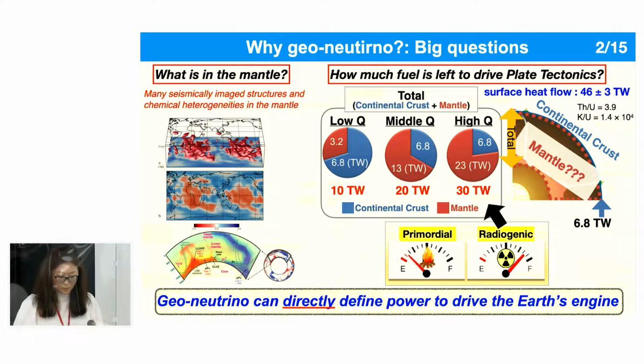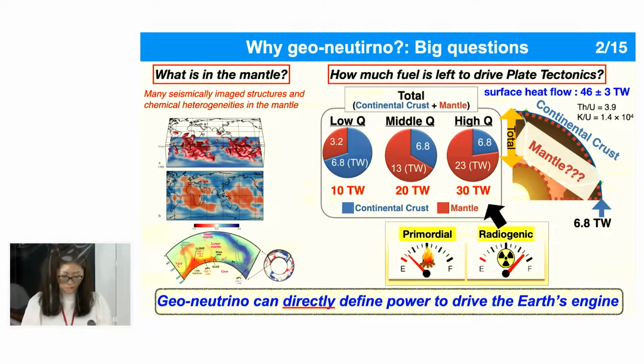There are so many seismological images of structure and chemical heterogeneities in the mantle, but we don't know the actual situation there. And also, how much fuel is left to drive plate tectonics, because we don't know the details of the balance between the primordial and radiogenic heat driving the Earth.